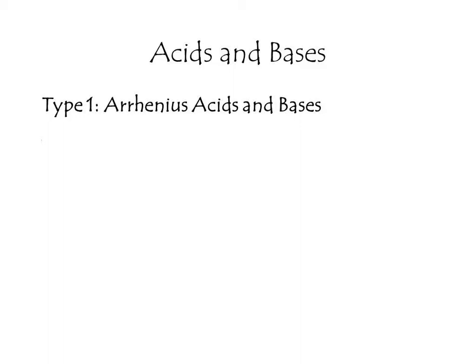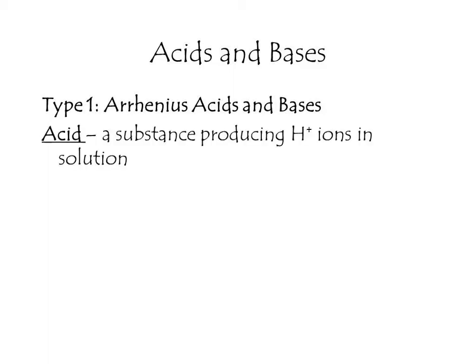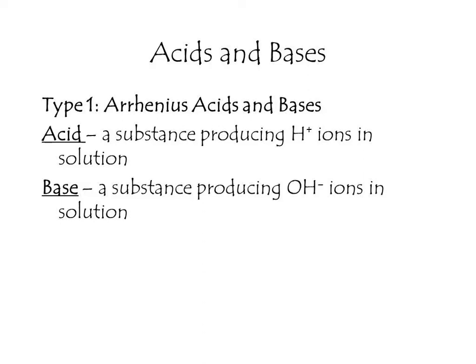The first acid we are going to talk about are Arrhenius acids and bases. An Arrhenius acid produces hydronium ions in the solution. And an Arrhenius base is defined by a substance that produces hydroxide ions in the solution.